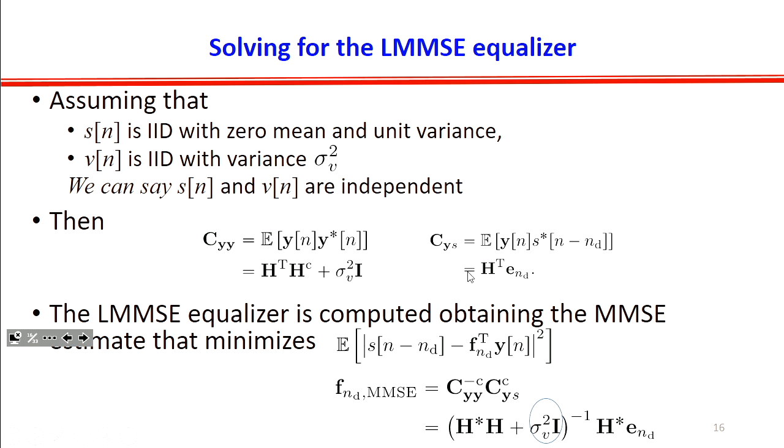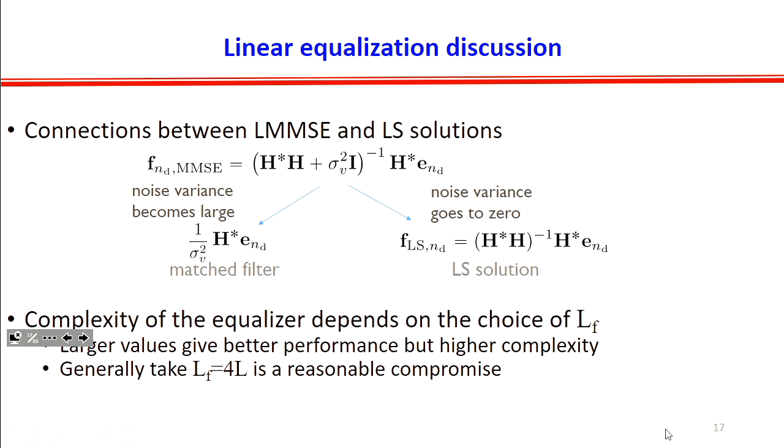Okay, for now, let's just substitute E of ND and H transpose for C Y S into the equation, and we should be able to see a standard result for MMSE, minimum mean squared error. H star H plus noise variance inverse H star E ND.